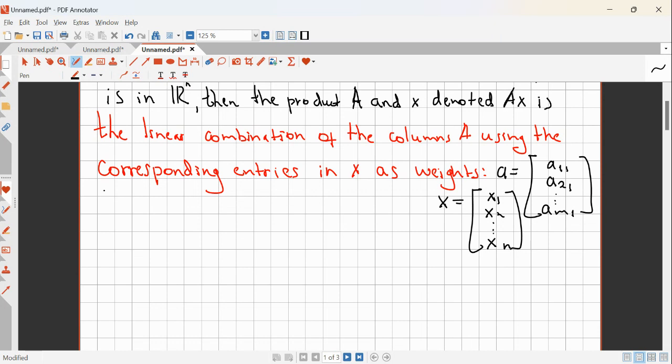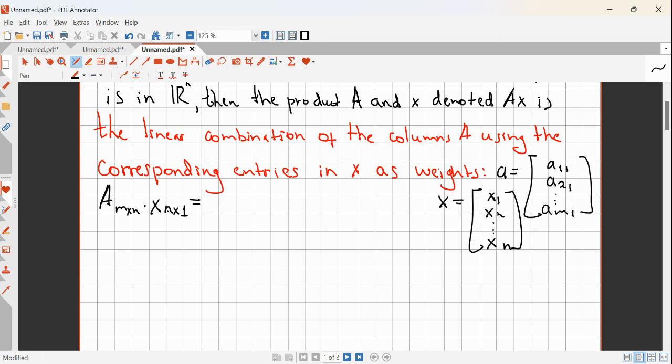So let's write our linear combination formula. Ax, no. Let's write with size. Let's mention the size as well. A, size m by n, times x, n by 1.